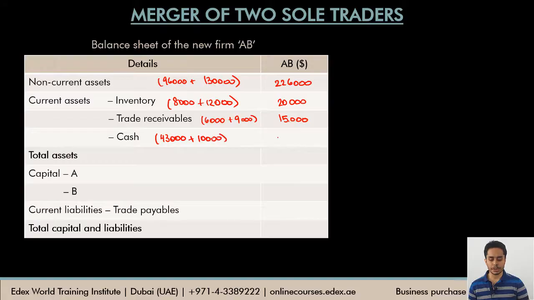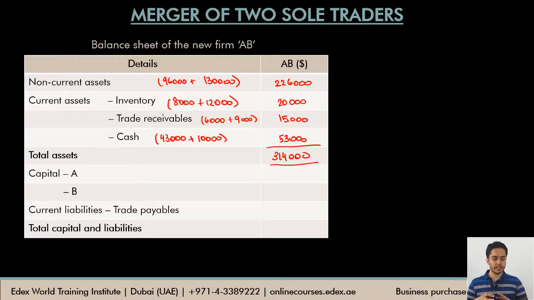So total cash in the new firm would be 53,000. Remember one thing, I'm not taking the cash balances of the sole traders businesses, which is 4,000 and 5,000, because the new firm has not taken over the cash balances. Cash balances would remain with the sole traders only. Now let's take a total of the non-current assets and the current assets to get the total assets of the new balance sheet. If we take a total, we would get 314,000.